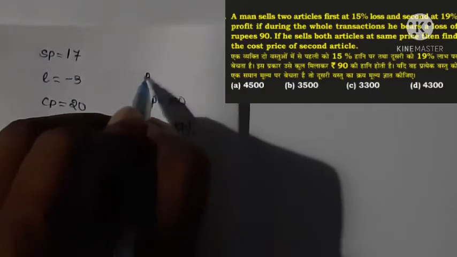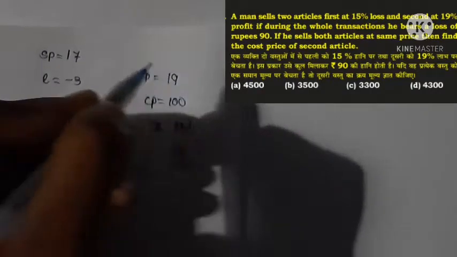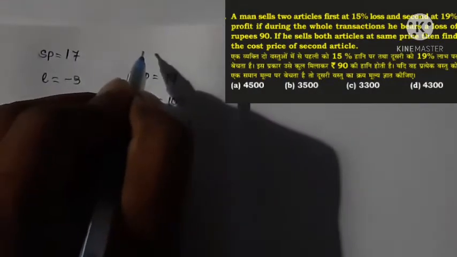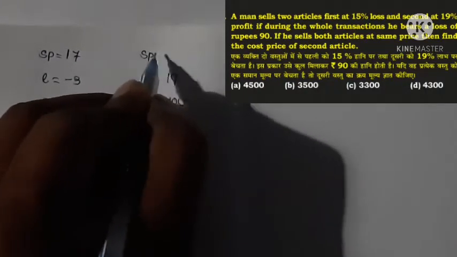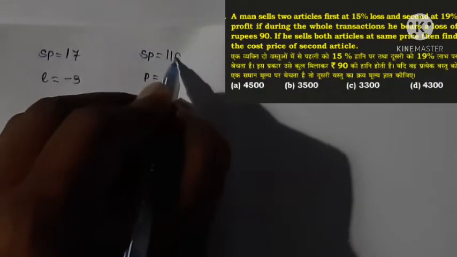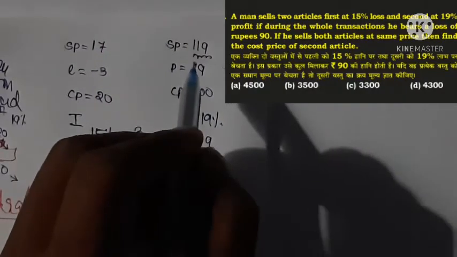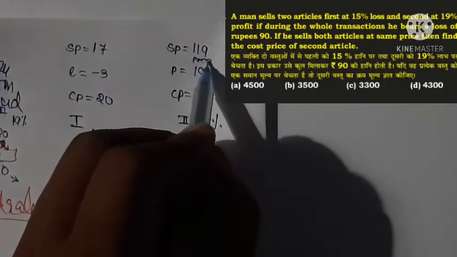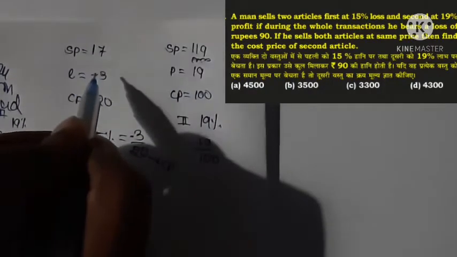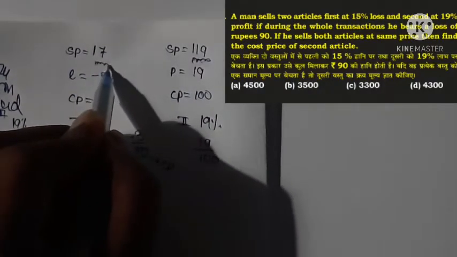The profit is 19 and the selling price is 119. He sells both articles at the same price, so their selling prices are equal. Here the selling price is 17.